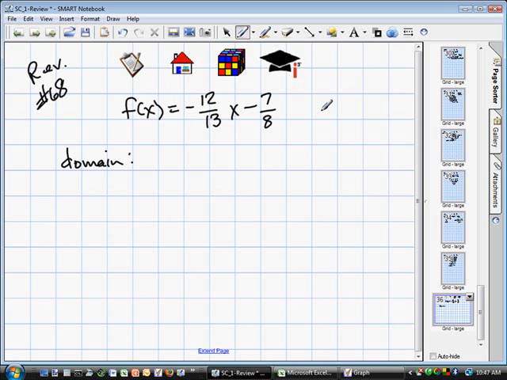Can't the function be equal to 0? See, the only ones you got to watch out for is there division by 0? No, not in this case. Is there a place where a square root might turn out to have a negative? No. So basically what that says is you use whatever you want. So domain would be negative infinity, positive infinity.